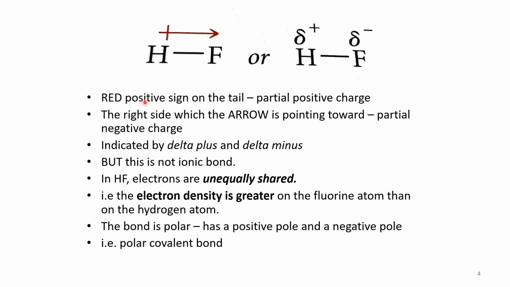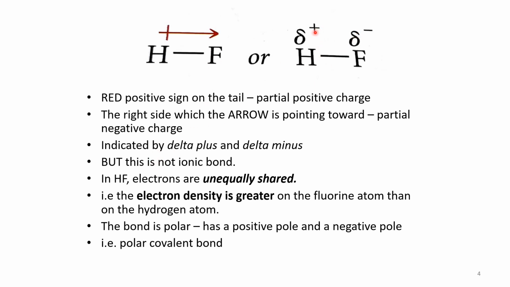So the red positive sign on the tail is a partial positive charge. Nampak ni macam bentuk positif. The right side which the arrow is pointing towards is partial negative charge. So either you tulis macam ni, ataupun you indicate pada delta plus or delta minus.